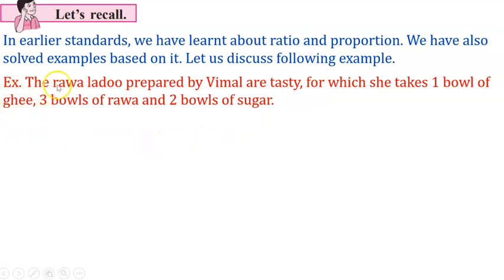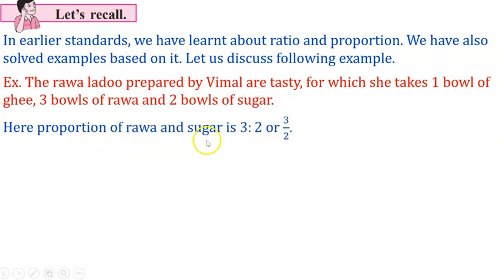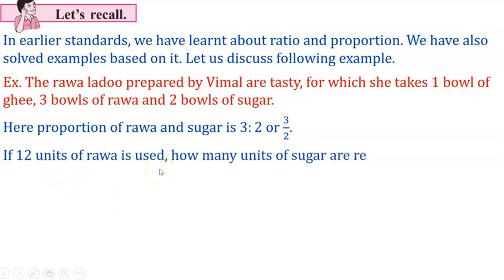The rava laddus prepared by Bimal are tasty, for which she takes 1 bowl of ghee, 3 bowls of rava and 2 bowls of sugar. Here, the proportion of rava and sugar is 3:2 or 3/2. If 12 units of rava is used, how many units of sugar are required?